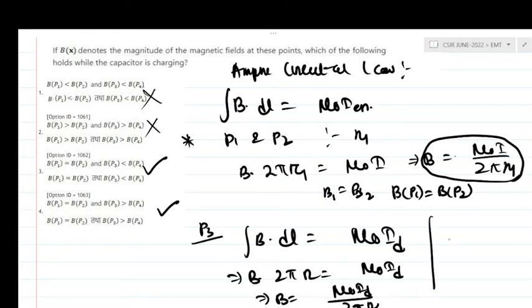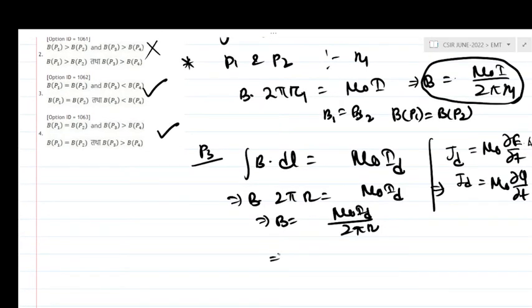And see here that the displacement current density is equal to epsilon naught dE by dt, and you know J is equal to I by A. So if I multiply by A, E dot A is the flux, so epsilon naught d phi by dt is the displacement current. So B equals mu naught divided by 2 pi r, and I_D you can write as epsilon naught d phi_E by dt.